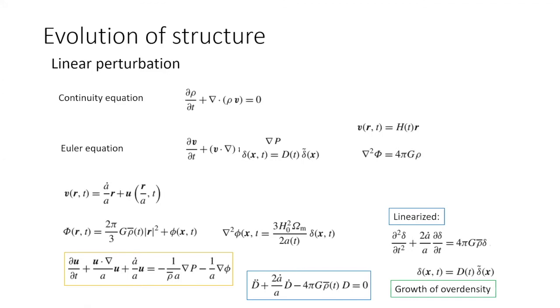You solve for D, and then you multiply it into the contrast. And D itself would depend on the cosmological model. So each cosmological model gives you a different growth of overdensity.